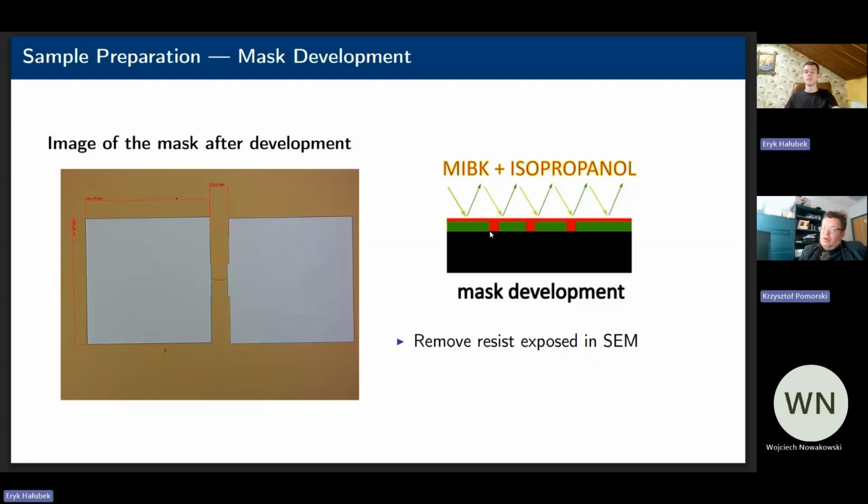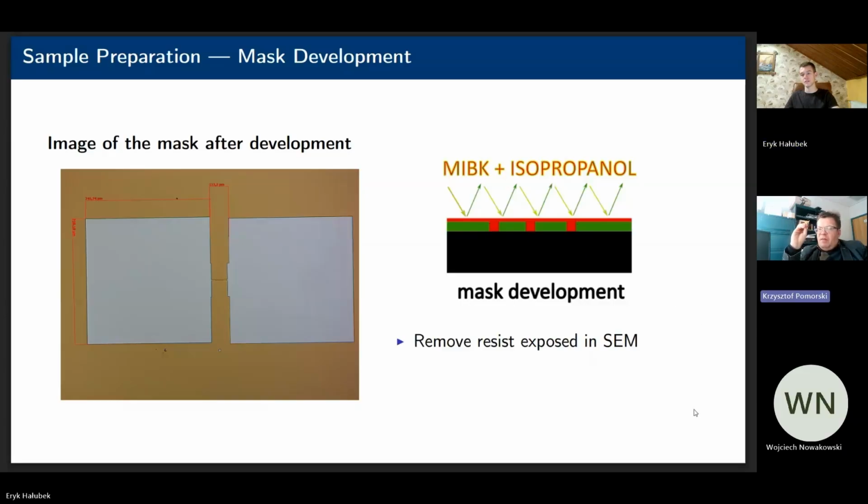The red one is the mix. You can think of it as the mix of this chemical compound and isopropanol, but I wanted to show that these are the places which are removed due to the interaction of these chemicals with the resist.